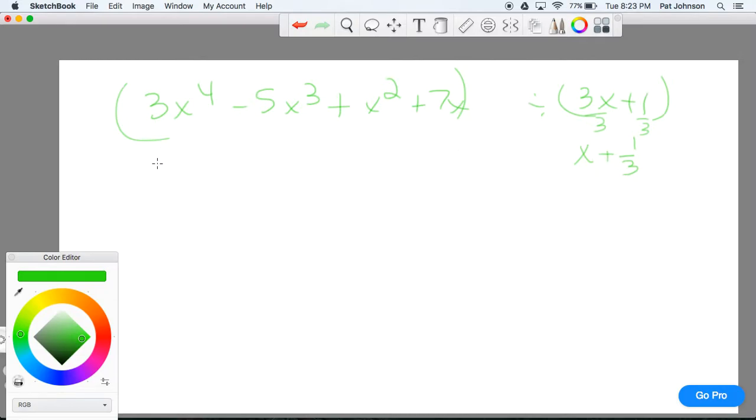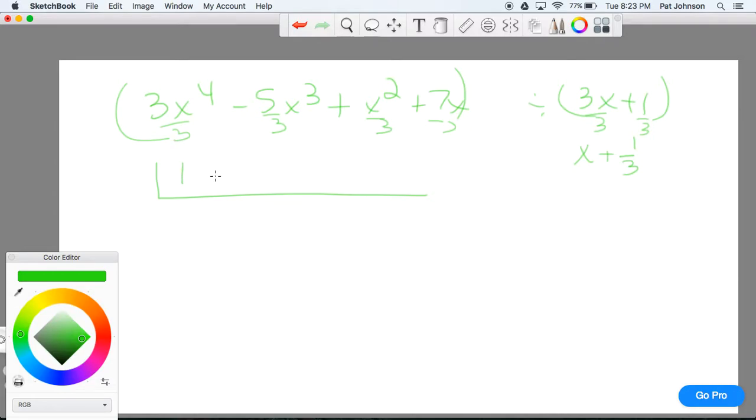Now, is this in degree order? 4, 3, 2, 1. And I don't have a constant, so I've got 3, negative 5, since I divide this by 3, I have to divide this by 3. So what do we get?